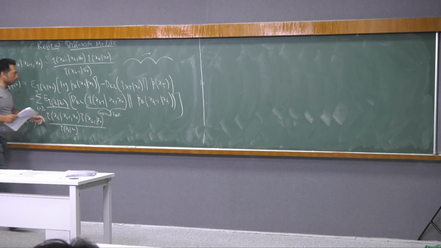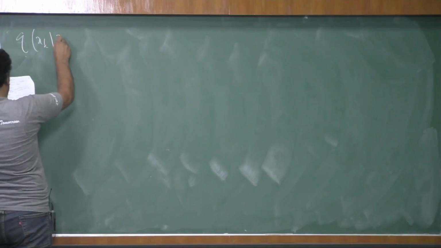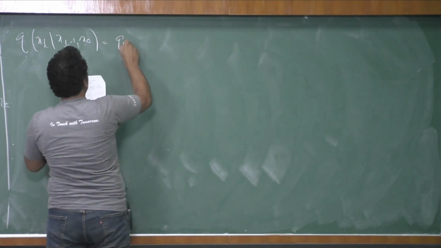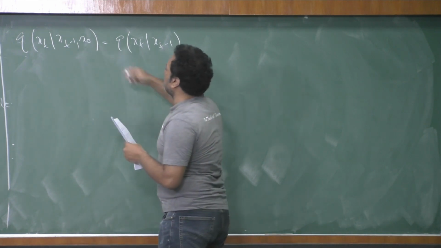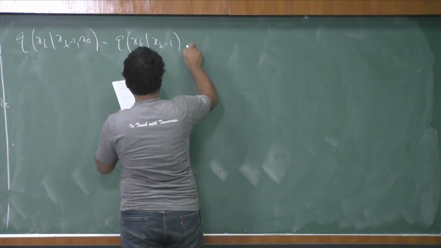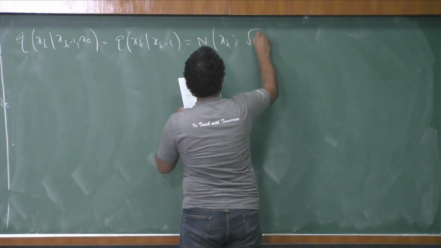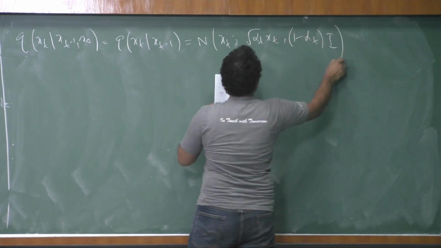So for this, q(x_{t-1} | x_0) is, due to Markov, when I feel it is good, I drop it. When I feel it's necessary, I keep it. That's the point here. So this is like normal with mean square root of alpha t times x_{t-1} and variance 1 minus alpha t times identity.